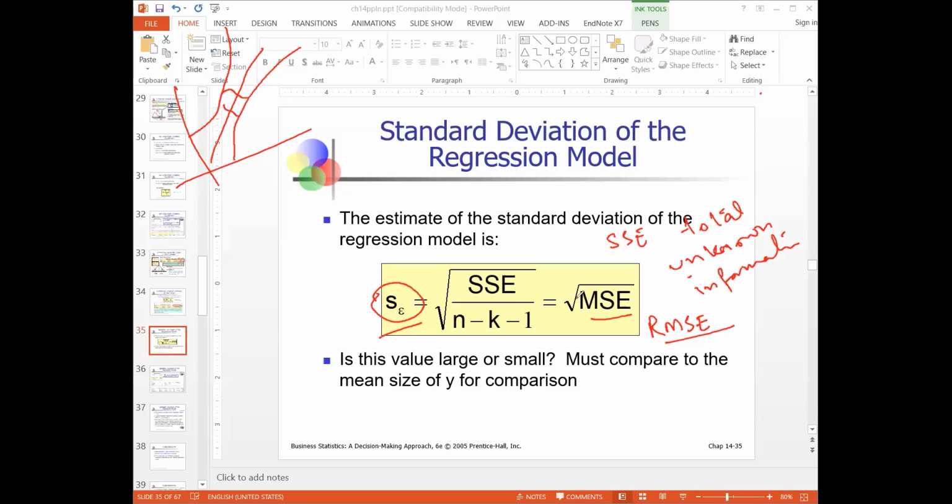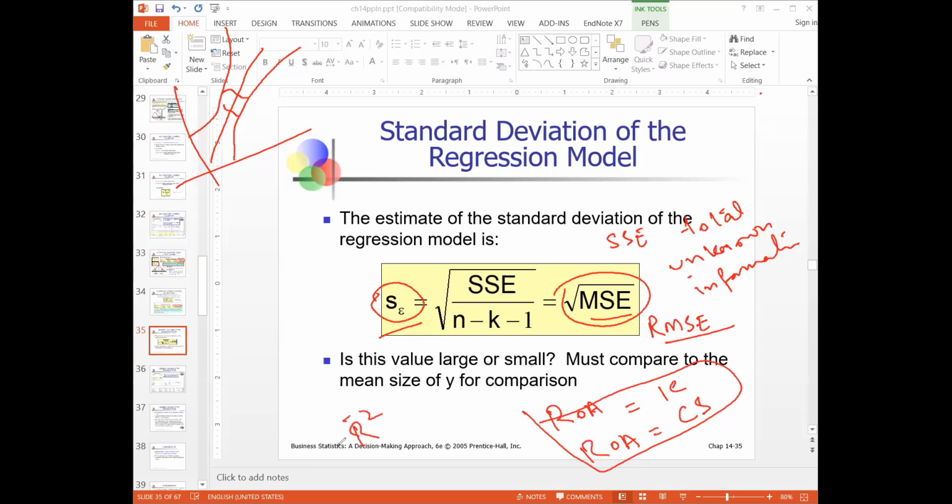Okay, so this is used to compare two models. If you have two models that have used the same variable, suppose there are two theses, one has used ROA with intellectual capital, another has used ROA with corporate structure. We want to see which model is better. There are two ways now. First is adjusted R square. Second is RMSE.